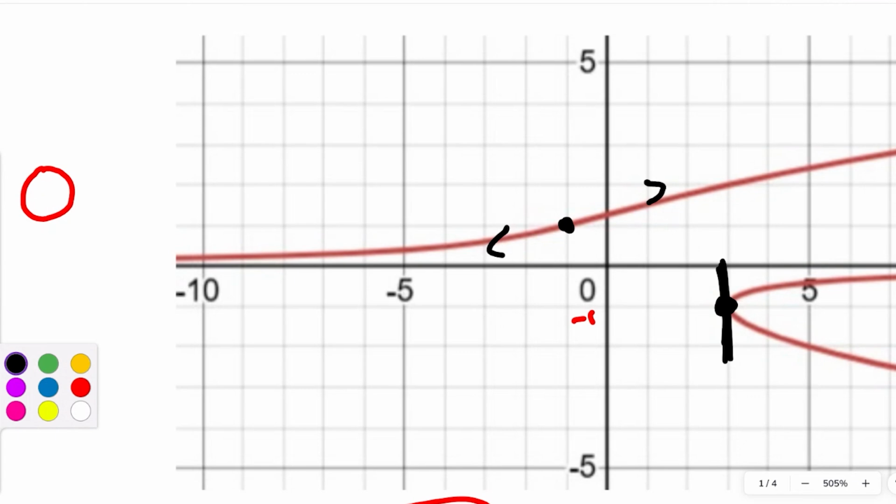Is it more like this or more like this? It's hard to tell, right? It almost appears as though it's concave up until some point where it switches over. It looks like there's probably going to be an inflection point somewhere in there. It could be. So we need to find out. That's what this is asking.